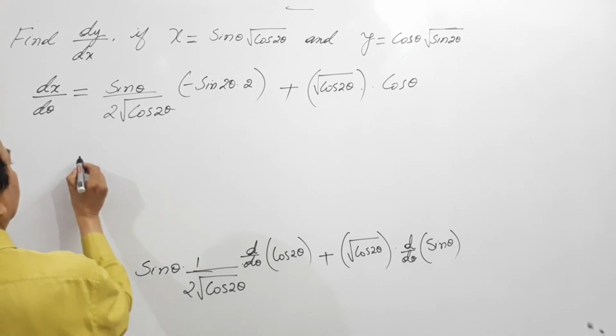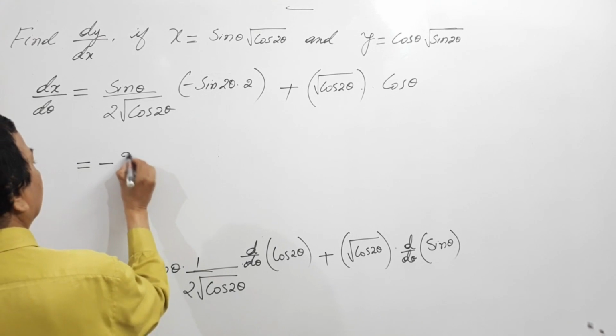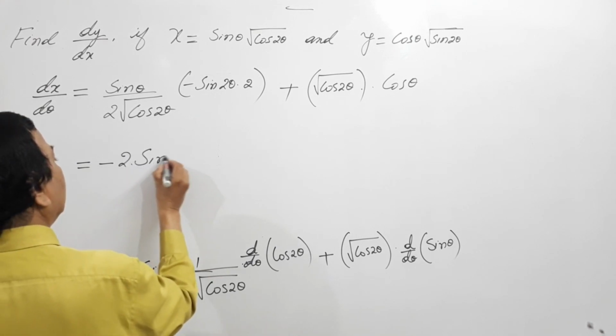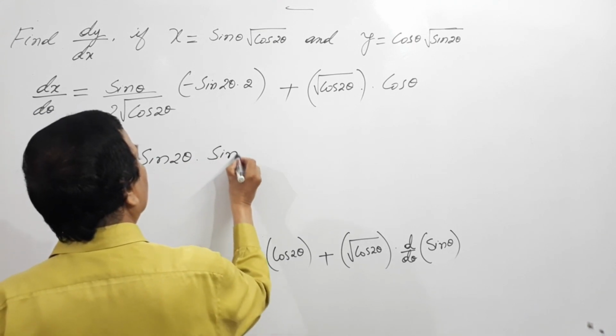So what happens here? I will write this first. This equals minus 2 into sin 2 theta into sin theta.